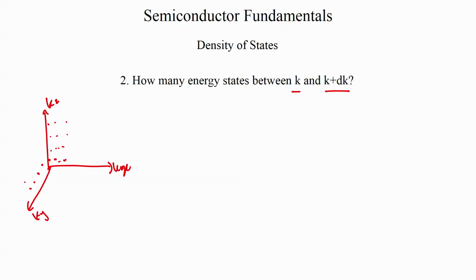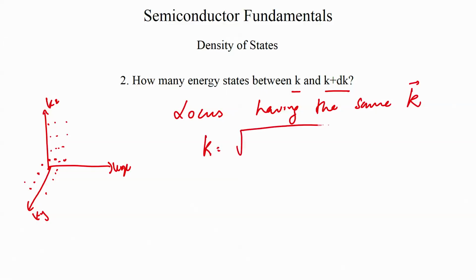And if you ask yourselves, what is the locus of points having the same k? Now, this k is essentially the combination of kx, ky and kz.